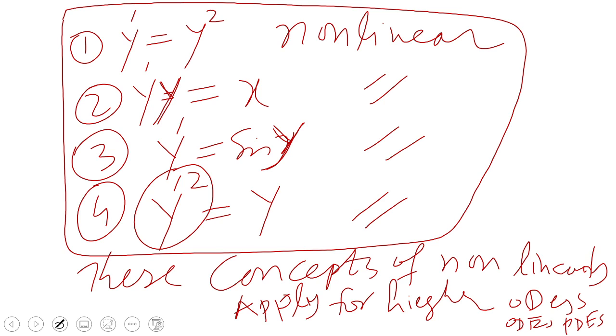So these are four types, and you can easily check whether the given differential equation is linear or non-linear, keeping in mind these concepts.